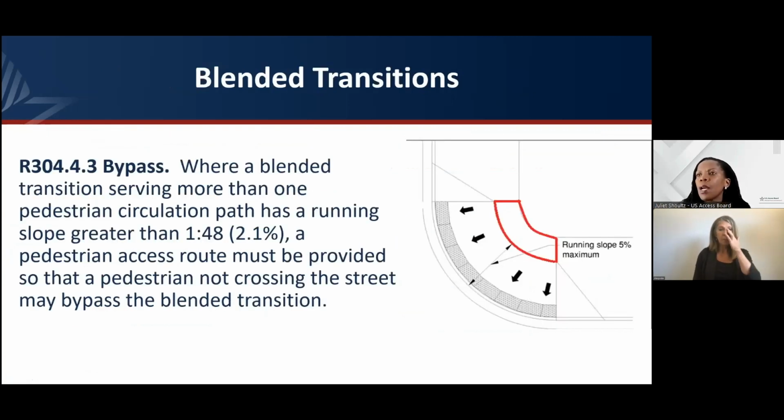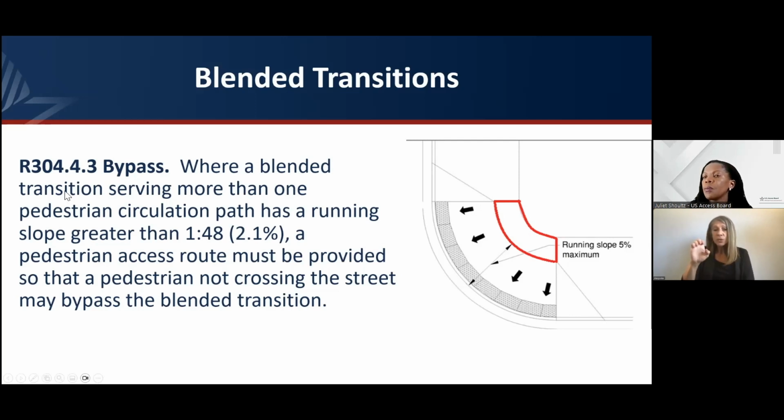The bypass requirement is a new provision in the final rule, but it was implied in the proposed rule, and it's now more explicitly stated. You can see in this illustration, which is from the NPRM, this area in red, which is basically beyond the blended transition, allows for a pedestrian who's not crossing the street to be able to go around the corner using an accessible route.